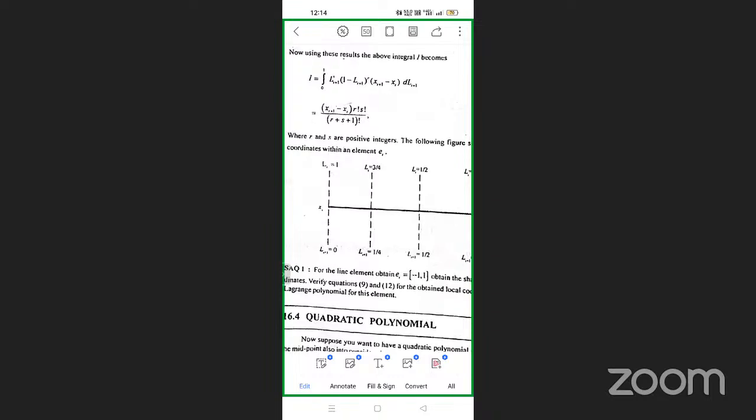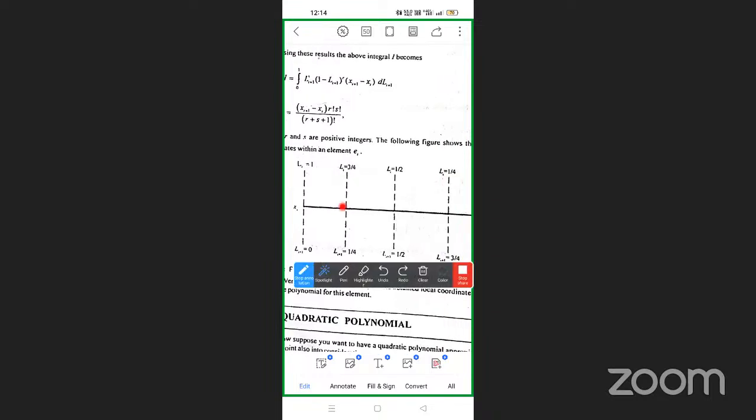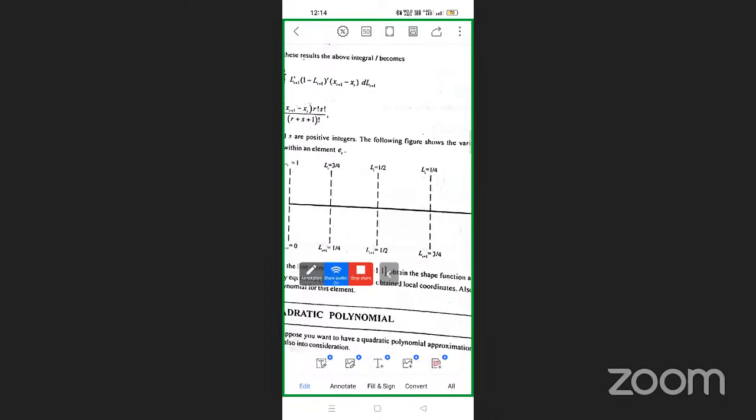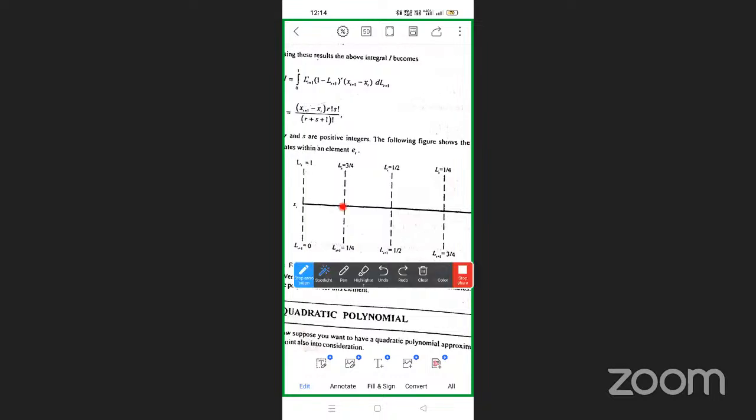So here 0 comma 1, so 0, Li plus 1. So next, 1 by 4, 1 by 2, 3 by 4 is nothing but adding 0.5 to 0: 0 plus 0.5 is 1 by 2, plus 0.5, 0.75.